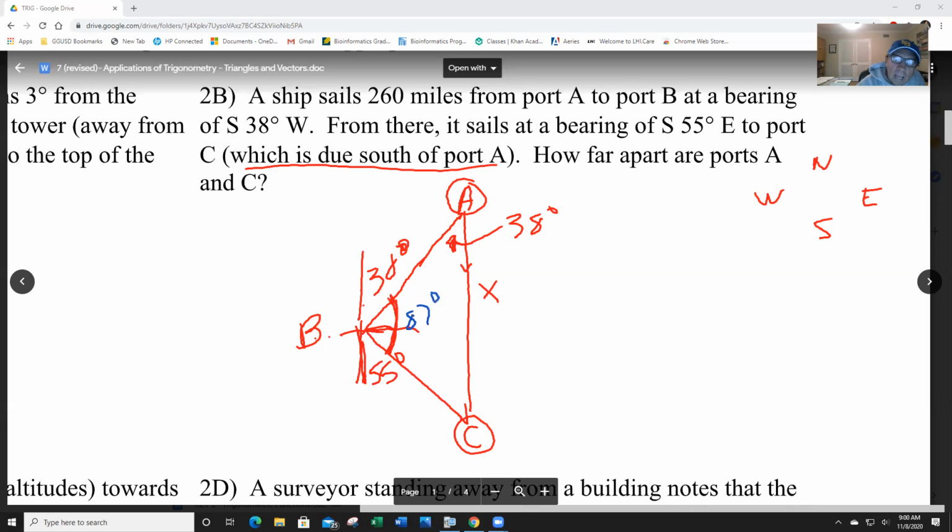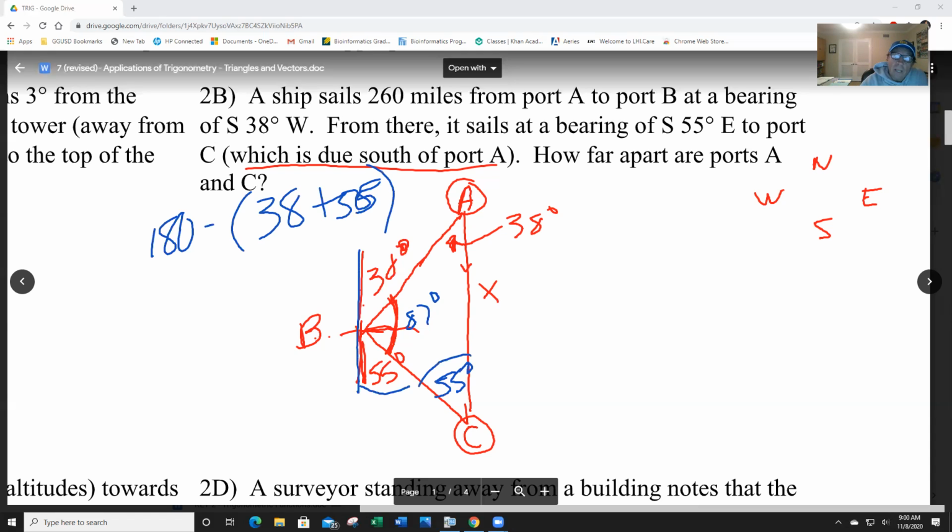And how I got that is going 180 minus the summation of 38 and 55 because this is a line right here. That's tricky just to get to that point, okay? And then that makes this one 55 degrees for a couple of reasons. That's again alternate interior angles as well. Okay. You could have done it that way, or you could have said this is 55, so that's 55, so then that's 88.